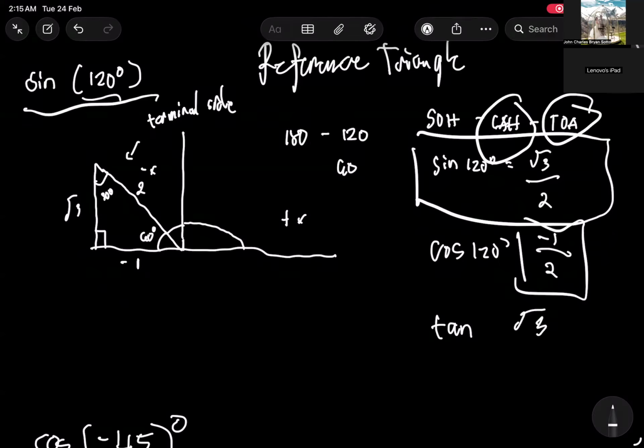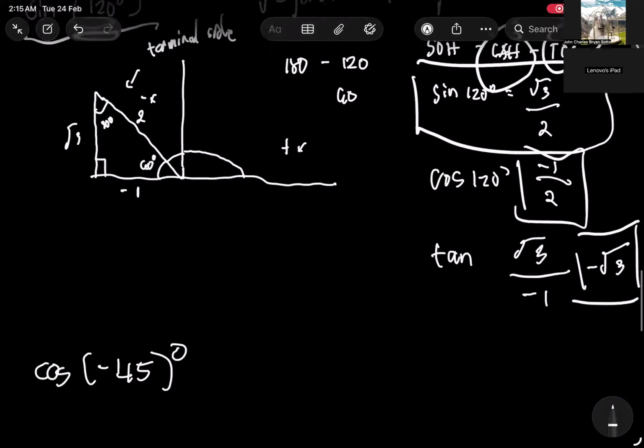What's the adjacent side? That's negative 1. Or simply, negative square root of 3. So clear? Very easy, very easy for the reference triangle.